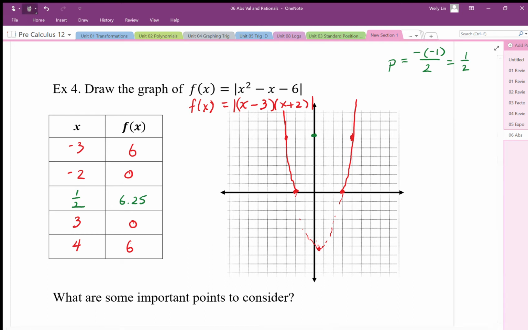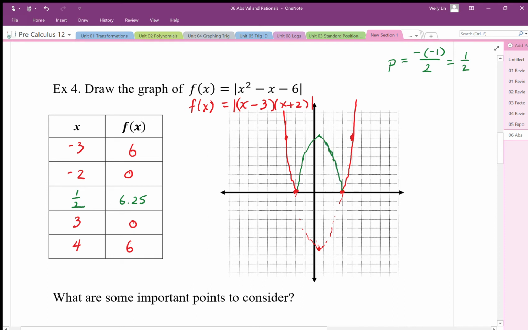So what ends up happening then is all the negative coordinates are going to be flipped up like this. So that's going to be at negative 1/2, right about there. So it's going to be flipped upside down like that. So there's my absolute value graph.